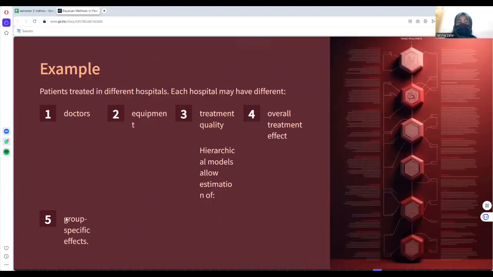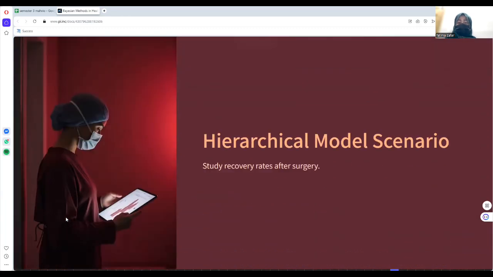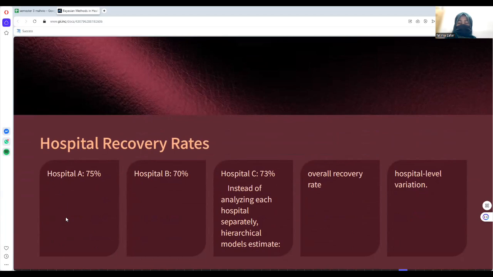Each hospital may have different doctors, equipment, and treatment quality, giving overall treatment effects and group-specific effects. Consider a scenario studying recovery rates after surgery. Hospital A has 70%, hospital B has 70%, hospital C has 73%. Instead of analyzing each hospital separately, a hierarchical model estimates the overall recovery rate and hospital-level variation.